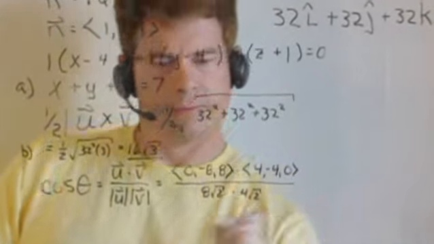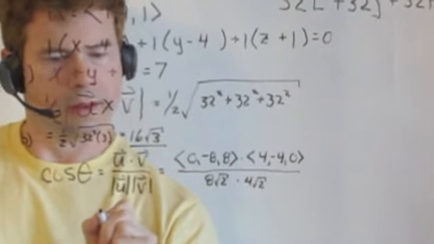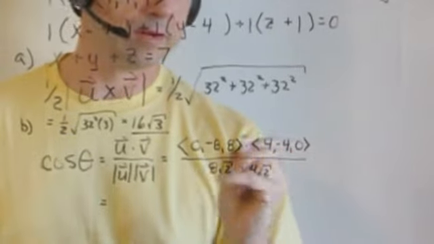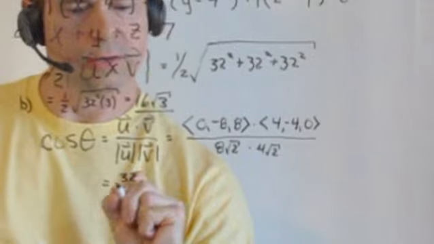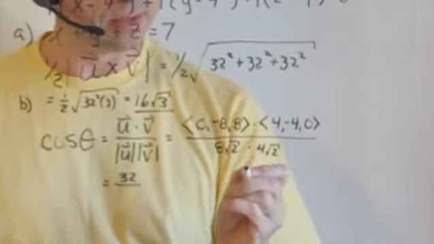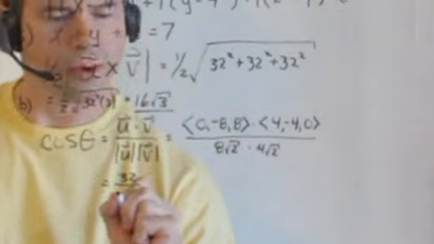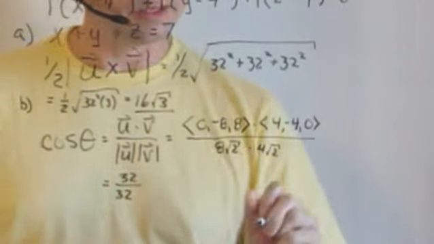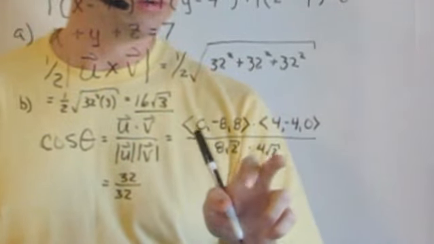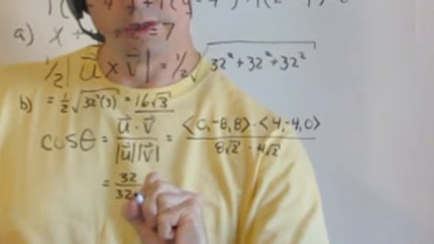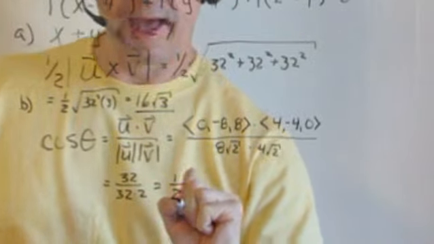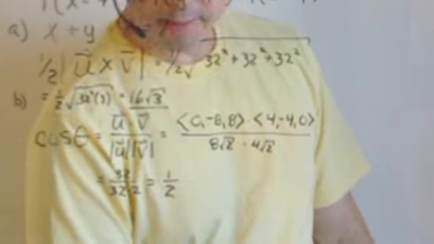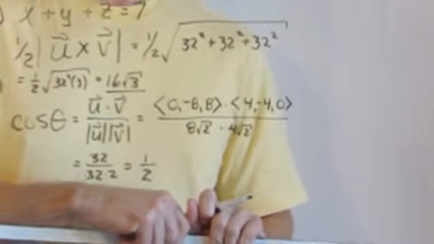Okay, so this then simplifies with 0 times 4. -8 times -4, that becomes 32. And 0 times 8, 0. We've got 8 times 4 is 32. And we've got root 2 times square root of 2, which is times 2. So that cancels down simply to 1/2. Now remembering from trigonometry, we need to come up with the cosine theta of 1/2.